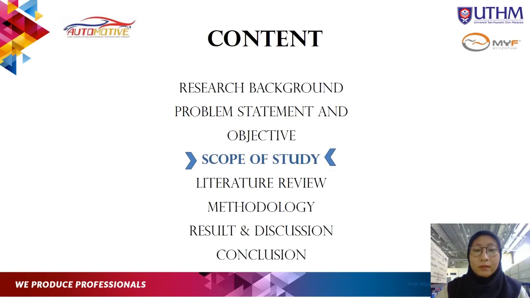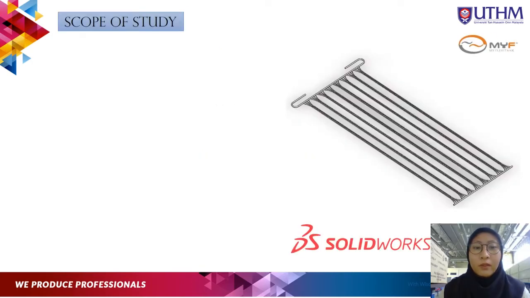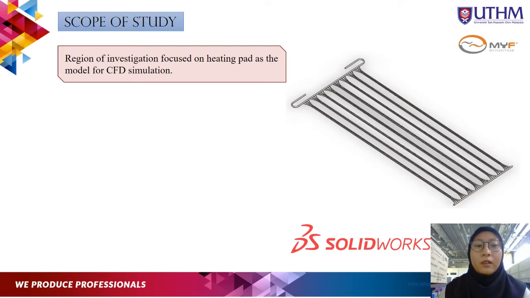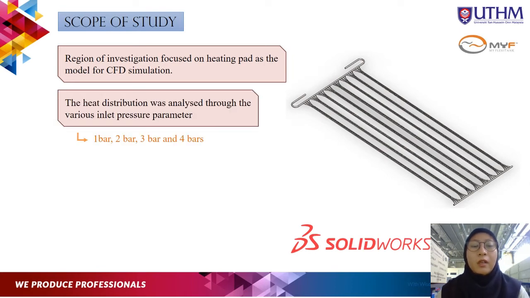Next, for the scope of study. First, the investigation focuses on the heating pad as the model for the CFD simulation. Second, the heat distribution was analyzed through various inlet pressure parameters, which are 1 bar, 2 bar, 3 bar, and 4 bar.